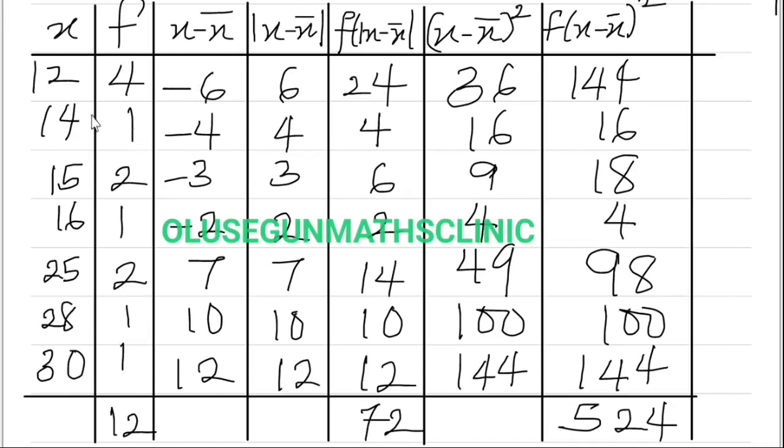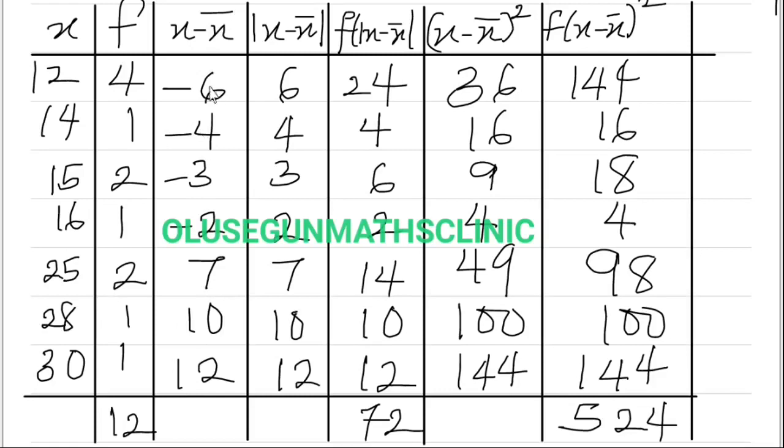So we now subtract the mean from the value of x. And what is the mean? Our mean value is 18. So 12 minus 18 is minus 6, 14 minus 18 is minus 4, 15 minus 18 is minus 3, 16 minus 18 is minus 2, 25 minus 18 is 7, 28 minus 18 is 10, and like that.